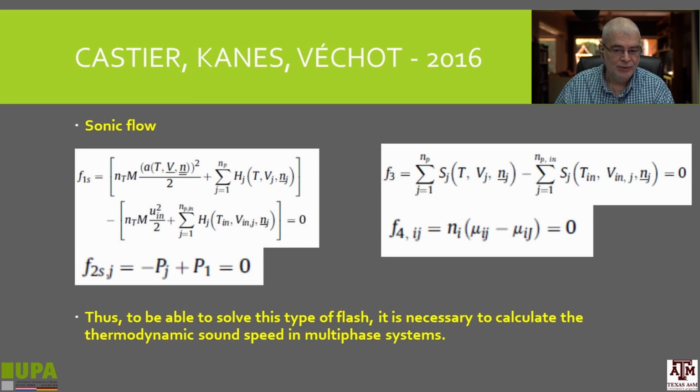And the output flow may not have just one phase, it may have more than one phase. So this creates the need for another algorithm, to calculate sound speed in systems that have more than one phase. So it is like a chain of things that you need to put together to simulate a leak from a tank, such as those that we are trying to do.